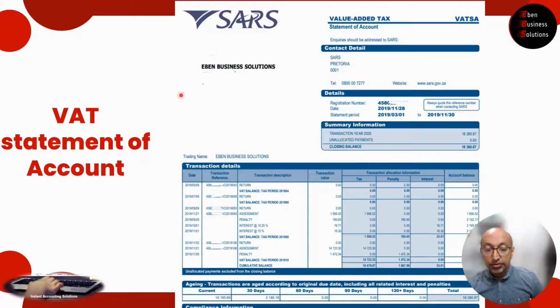It's got your address over here and your VAT number, and it shows you for each submission the VAT output and VAT inputs. In this particular example, you can see where penalties were applied, and the penalties are quite substantial, so it is wise for you to pay on time.